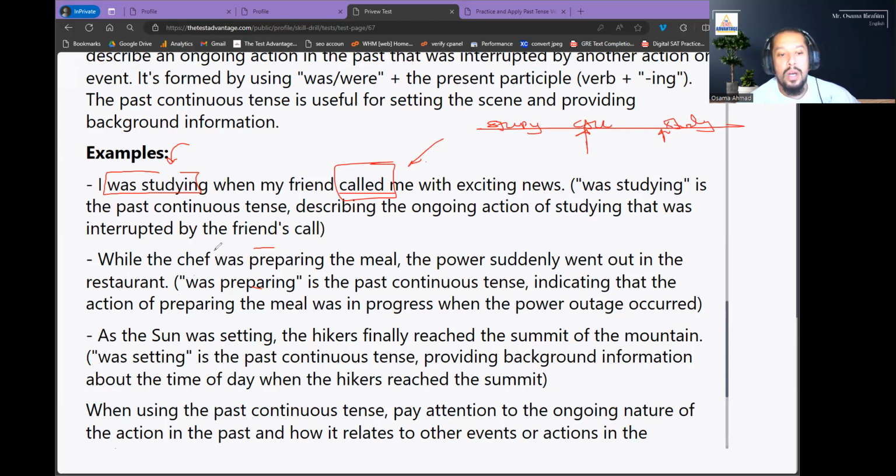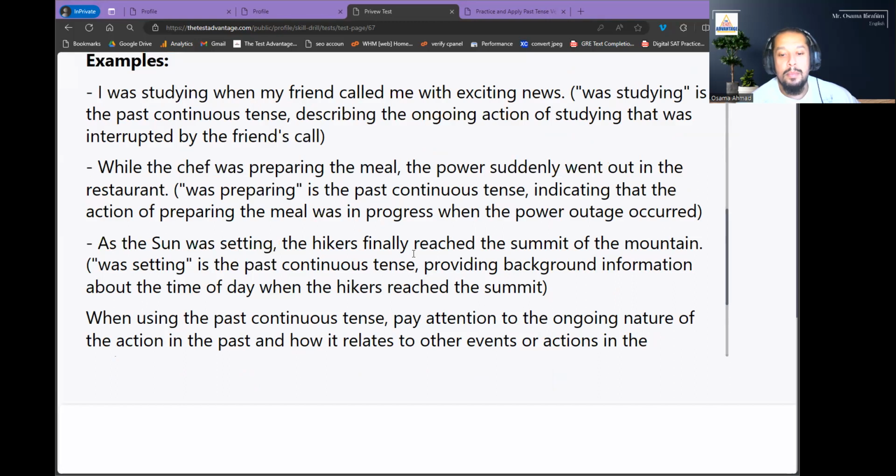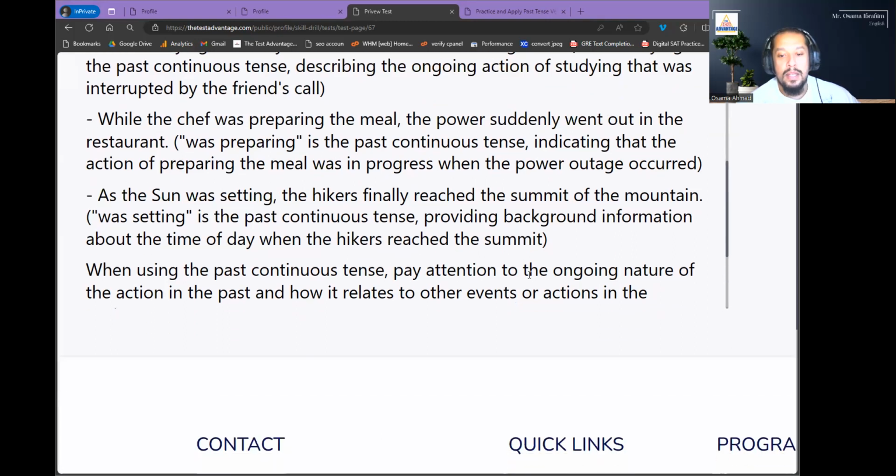While the chef was preparing the meal, the power suddenly went out. You see how the power went out, interrupted the action. As the sun was setting, the hikers finally reached the summit. Action interrupts another action.